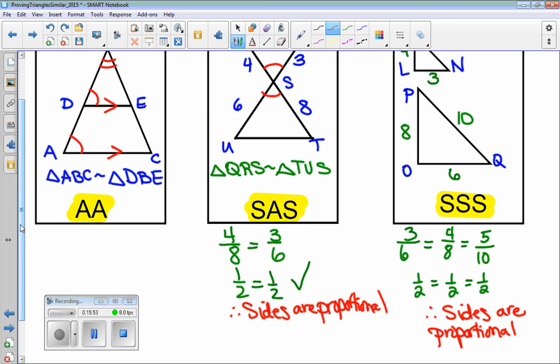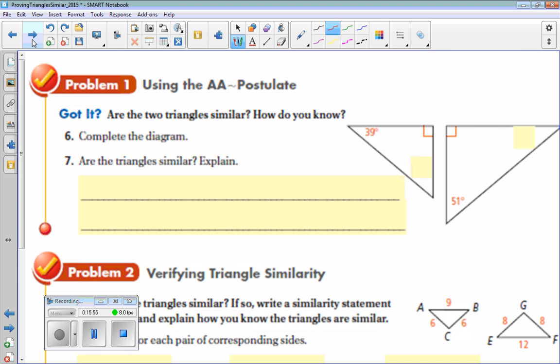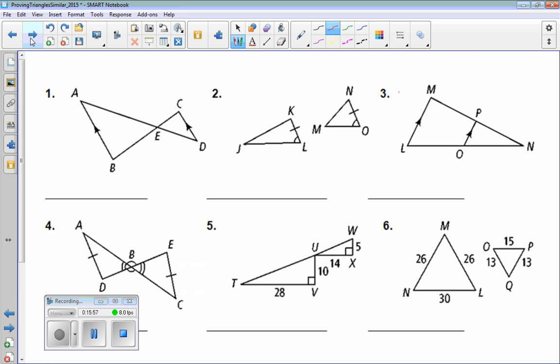Okay? And if you would, go ahead and open up your packet. And in it, you will find this page, right? I think it's right on the back of the geometric mean. It says 7-3 practice. Do you see that?